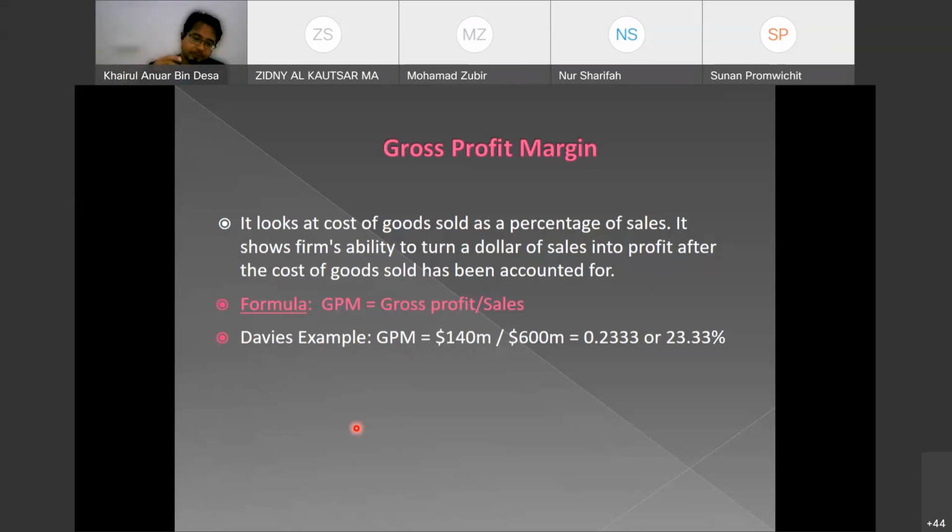So, gross profit first. Gross profit over sales. Tengok elok-elok. Gross profit, untung kasar. 140 over 600. So, untung kasar is about, or gross profit is about 23%.